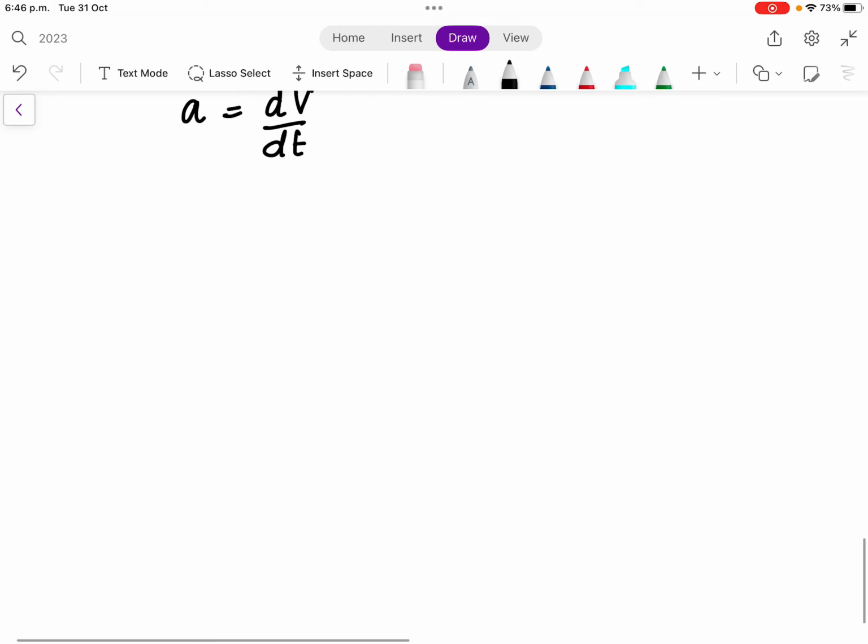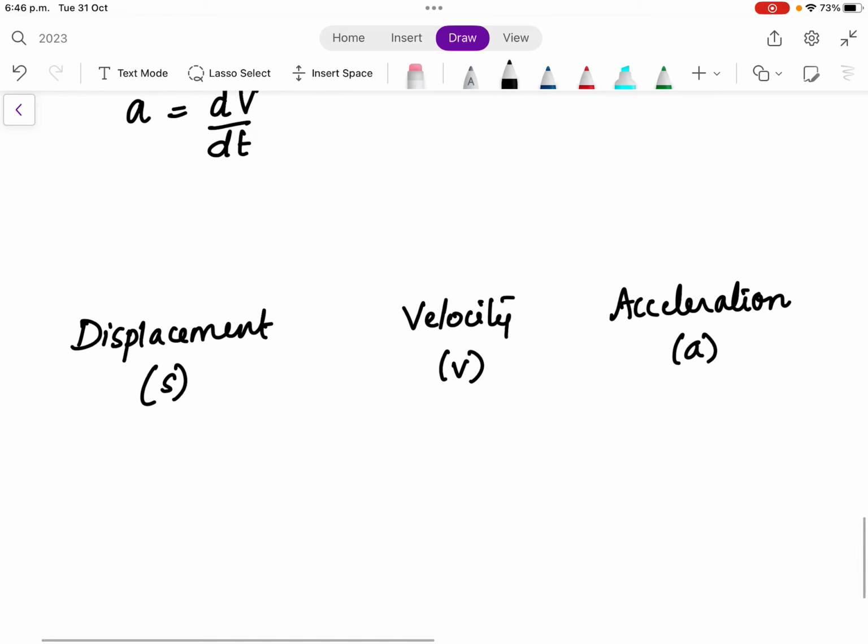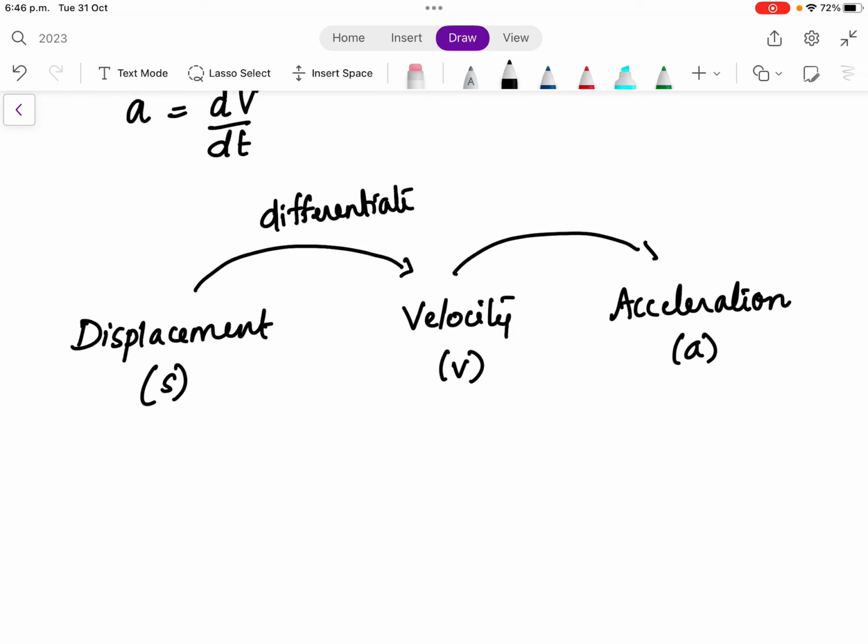To make it simple, I'm just going to write it like this. We have displacement, denoted by the letter S, then velocity, denoted by the letter V, and then acceleration, denoted by the letter A. Displacement, if you differentiate, you will get velocity, and velocity, if you differentiate, you get acceleration.